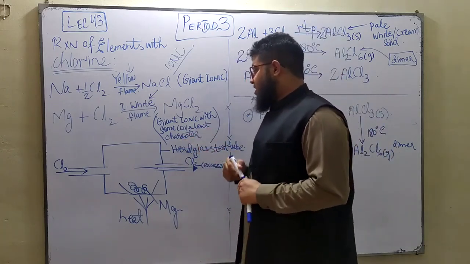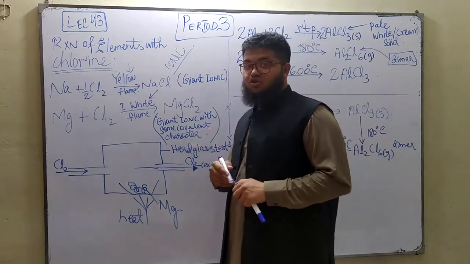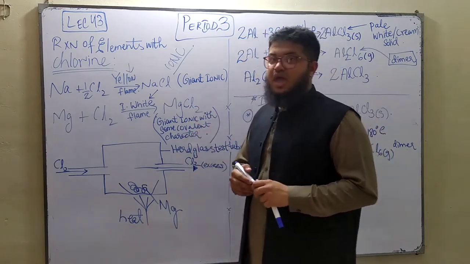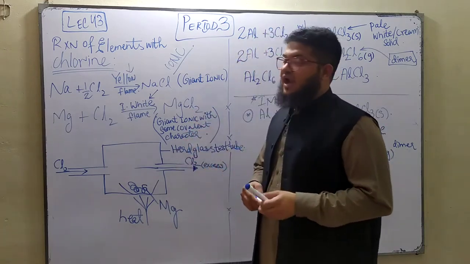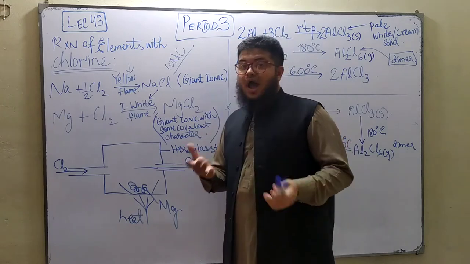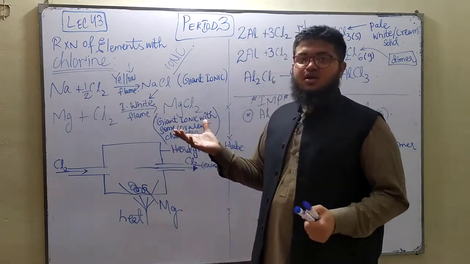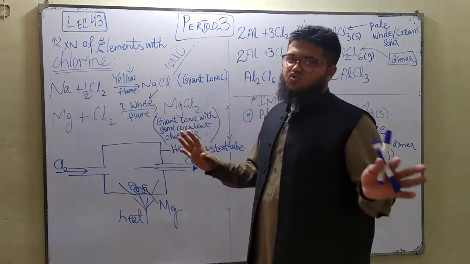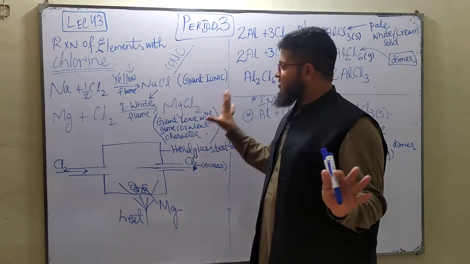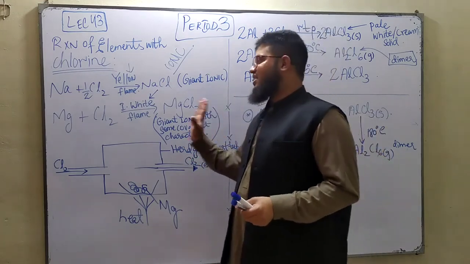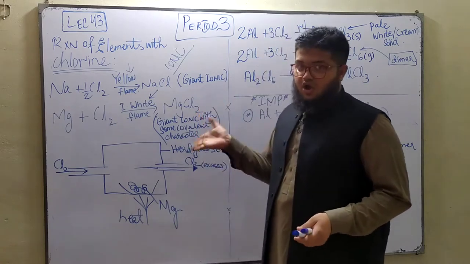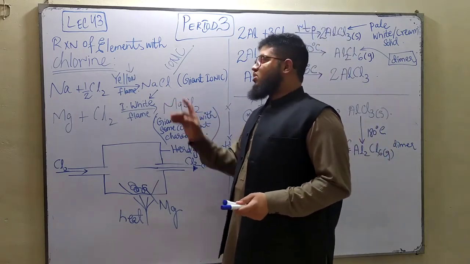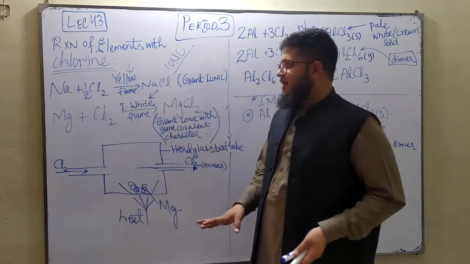This is important because I did see an MCQ testing this concept, asking which of the following is ionic with some covalent character. So it's magnesium chloride. Why does this have covalent character? You don't need to go into that detail. For now you just need to know the fact that this is ionic and it has covalent character. Sodium chloride is purely ionic, no covalent character.